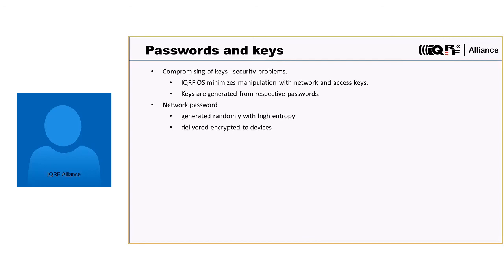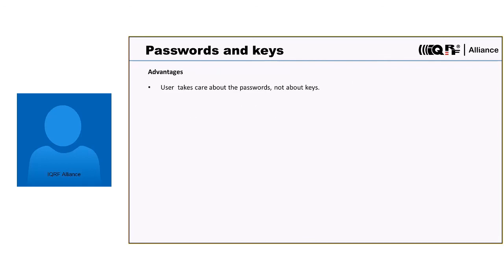All the communication or the delivery of the keys and passwords is done already encrypted, so there's no unencrypted communication in the new version of the operating system. The good thing about that is that you as a user work only with passwords and no keys.